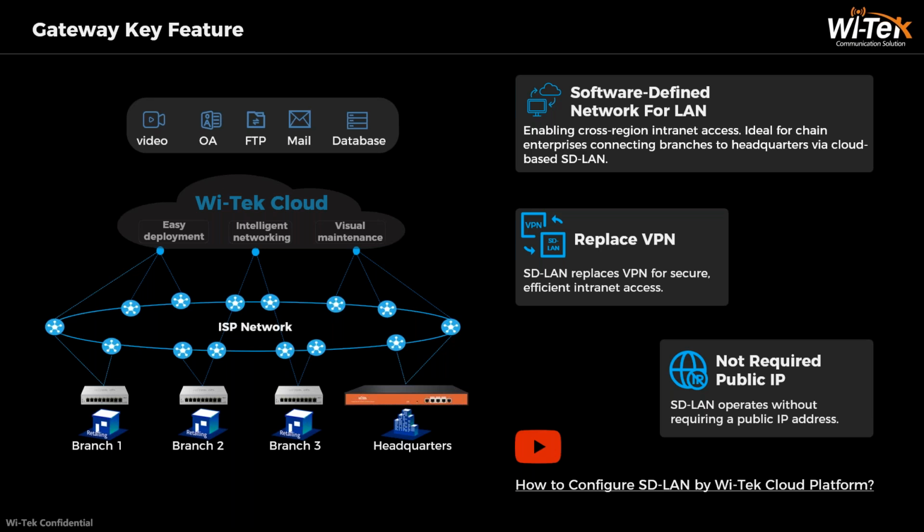And the setting and configuration of the VPN will be very complex. But if you use the gateway, you can obtain the SD-LAN function. Let's see how easy it is to set up SD-LAN in the cloud platform.